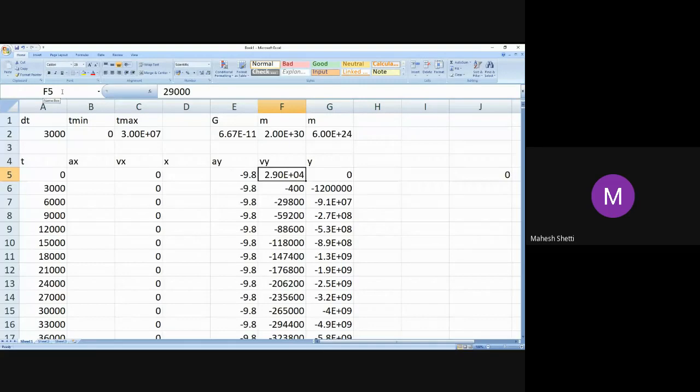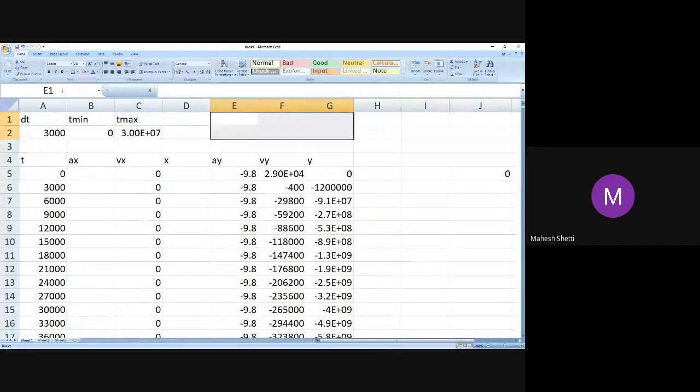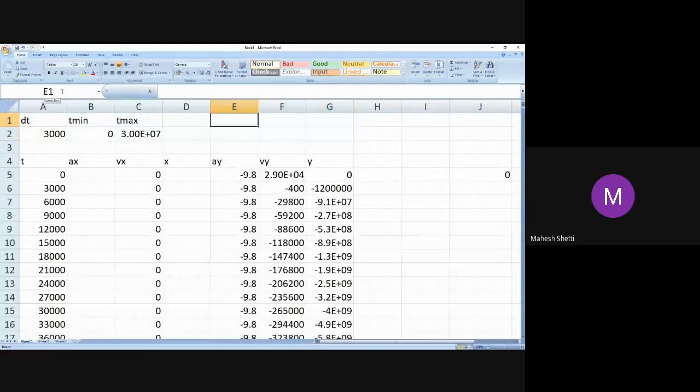I am going to throw it up. For a projectile, you give the total velocity and you give the angle theta. I am going to give the angle in degrees, so let me take a 20-degree angle.